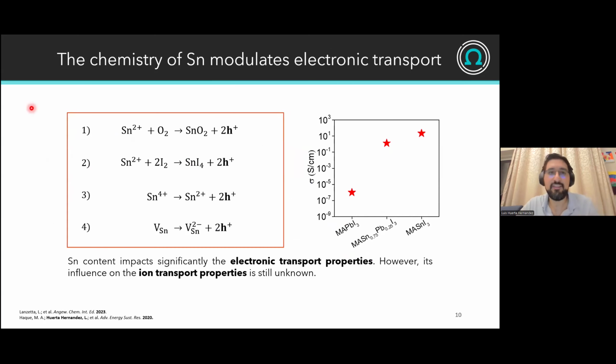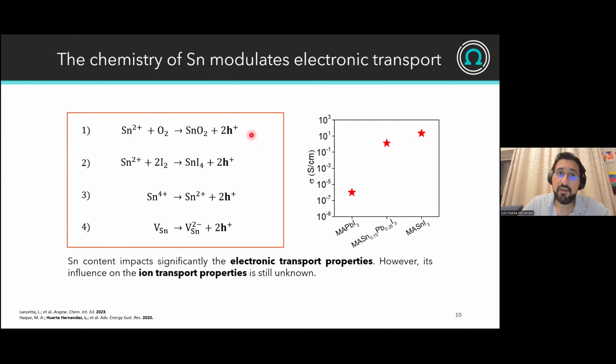And from our experience and from other research out there, we know that the chemistry of tin really impacts the electronic transport in perovskites. From here on the right, you see this plot that shows the conductivity of different tin perovskites. And when you have pure tin, you have basically 8 orders of magnitude higher electronic conductivity than with lead.